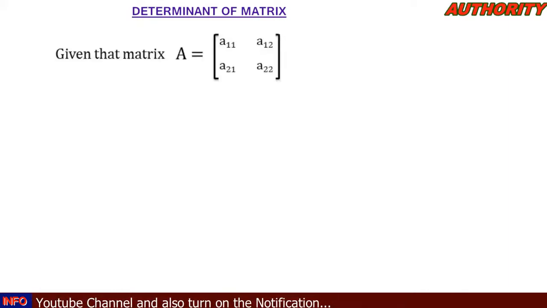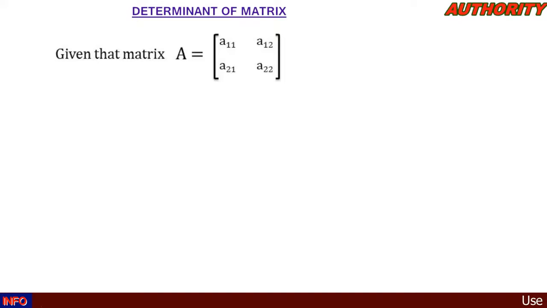Let's go. Number 1, given that matrix A is equal to A11, A12, A21, A22. We say that these are 2 by 2, right?